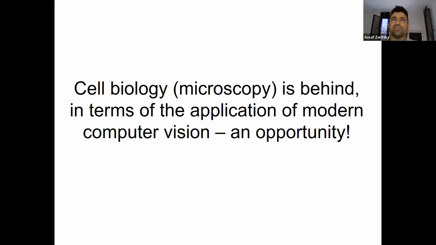You want to go to a field that is emerging, where there is a lot to do and a lot to discover. This is one of these fields, and if you are considering a higher degree, please take that into consideration. There are other fields, of course. I think it's important to think about it.